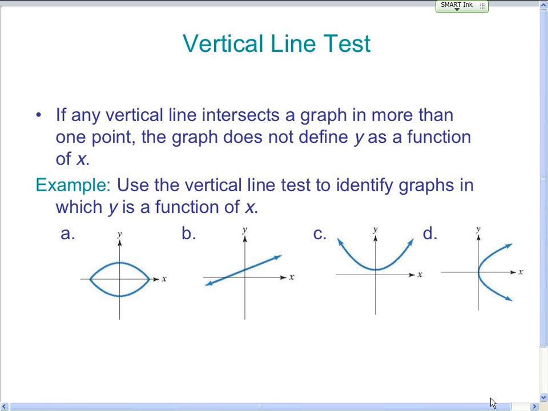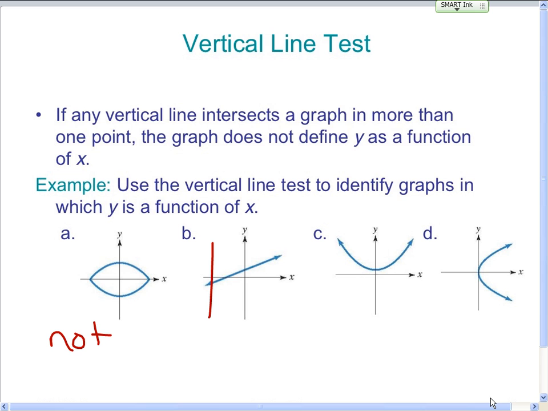Some students ask me, but what about if I were to draw a vertical line out here? I would not touch in 2 places. And you're right, but that still doesn't make this a function. To be a function, I have to be able to draw a vertical line anywhere on the graph, doesn't matter where, anywhere at all, and only touch the graph once. So A is not a function.